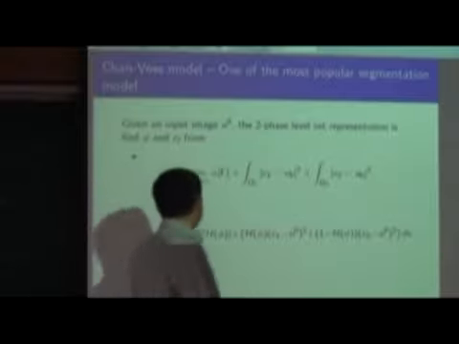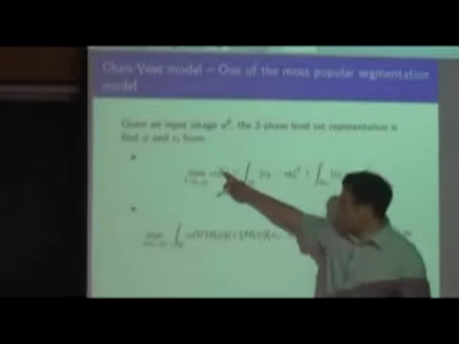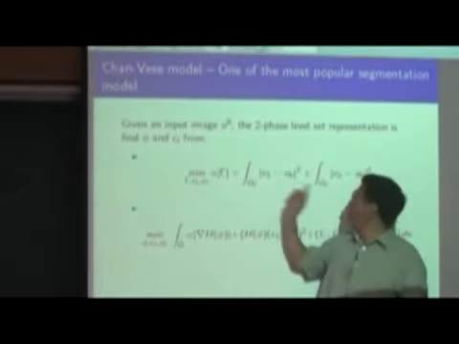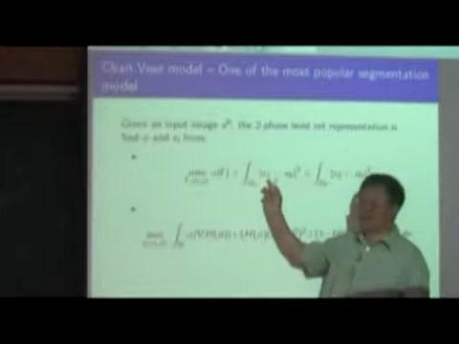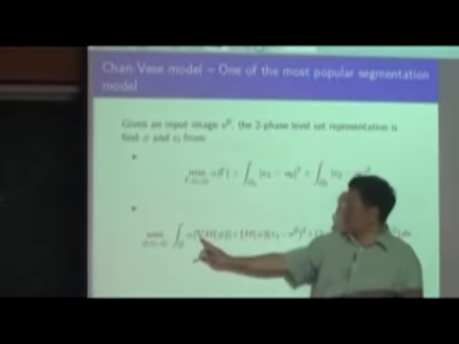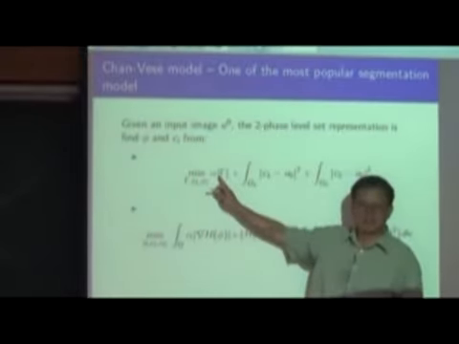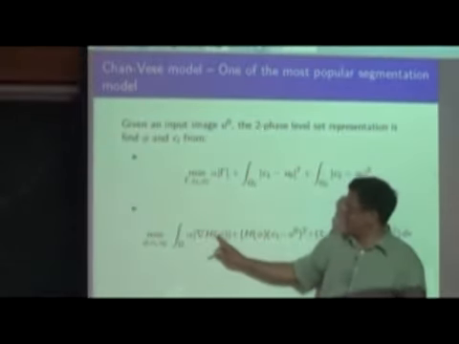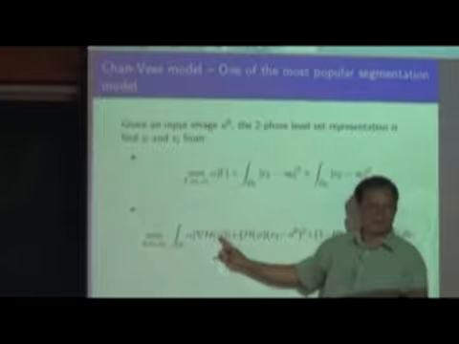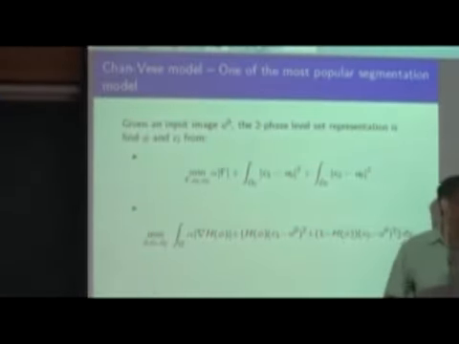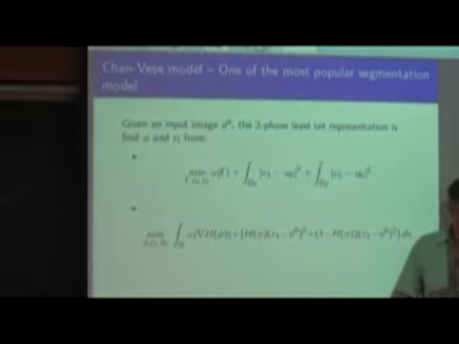The Heaviside function is a characteristic function of region omega 1. So the total variation of this characteristic function becomes the length. So alpha times delta of Heaviside phi produces the length of the interface.